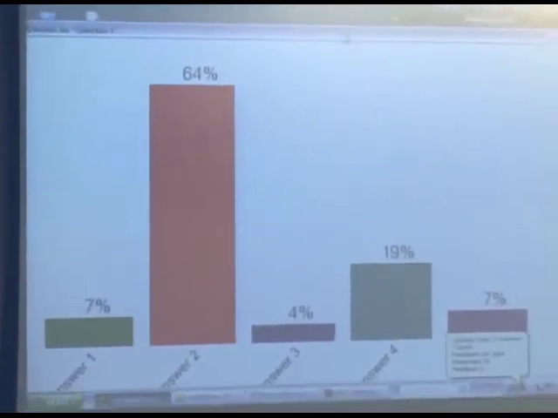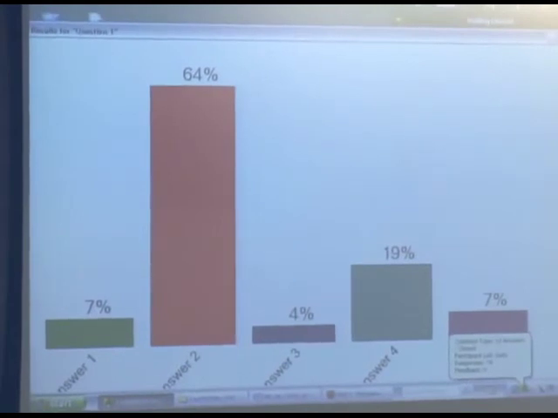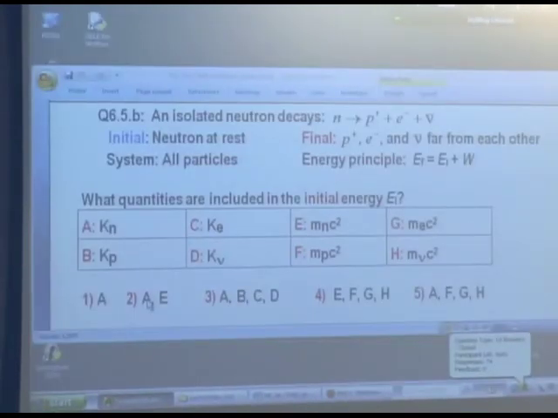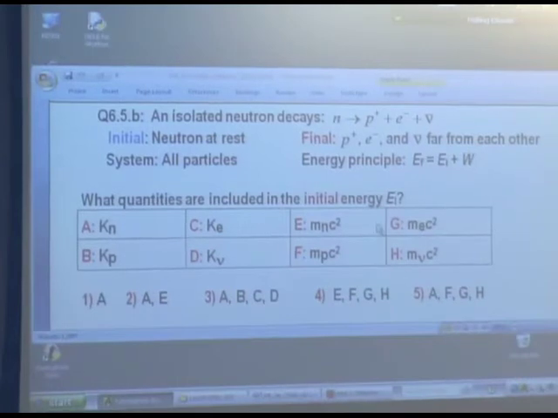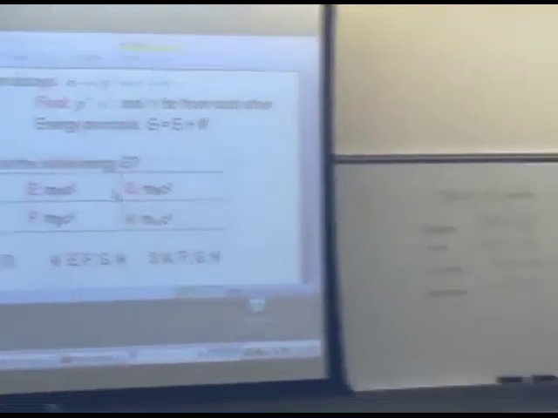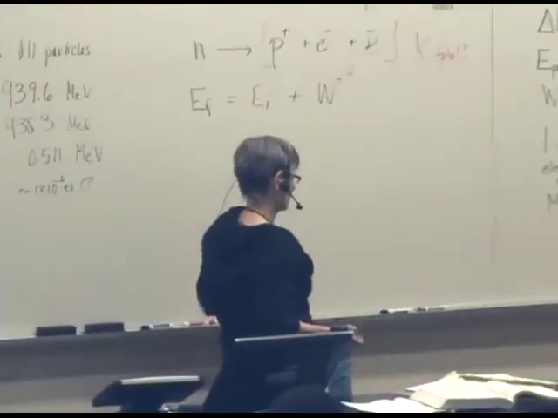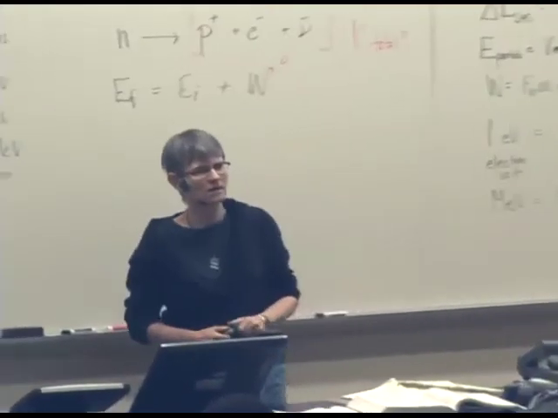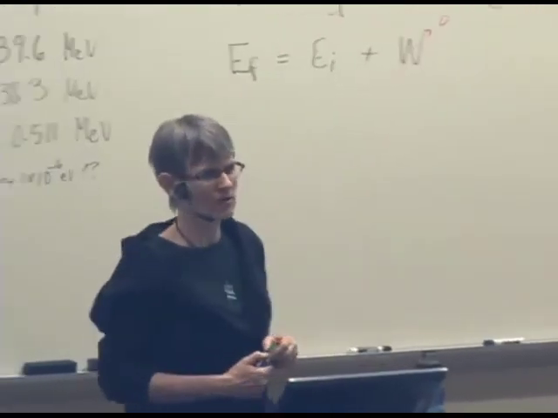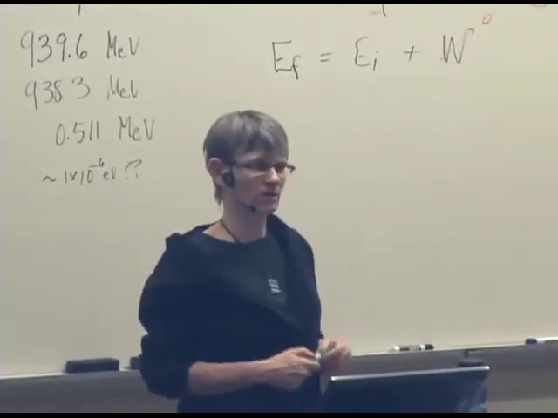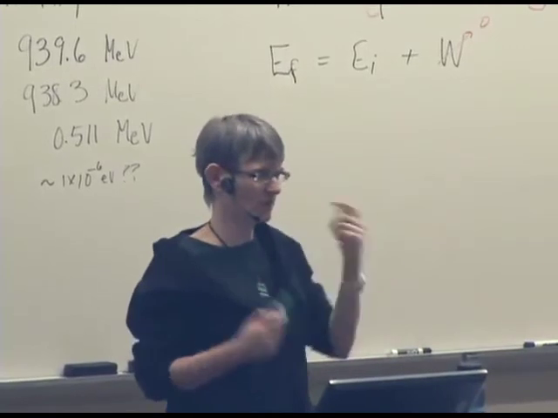Okay, well, there seems to be some confusion, but most people said 2, which was the kinetic energy of the neutron and the rest energy of the neutron. And that's correct, but how did you know that? How did you decide that?